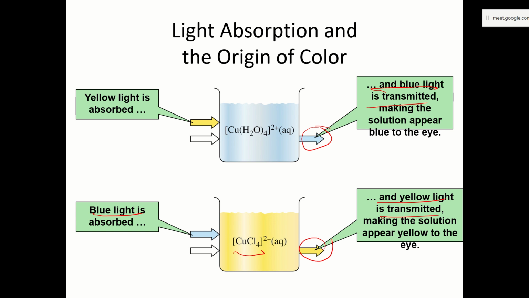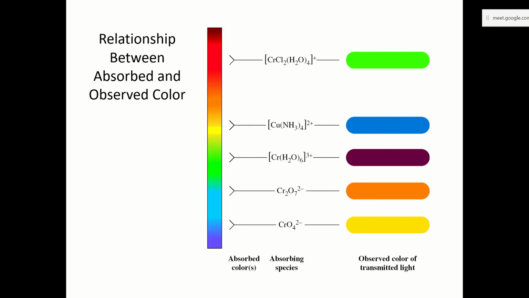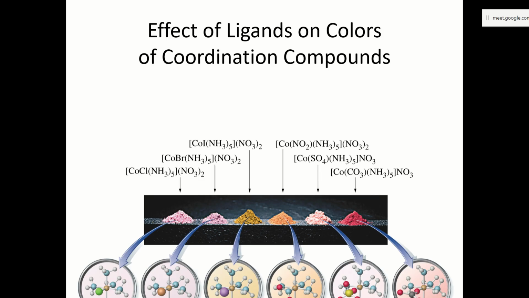The scattered light reaches your eye, and some of the components of the white light are missing, and the others which reach the eye give you the perception of color. So these are the things, how colors are observed: the absorption of light and the observed color. That is what we see: the absorbing species, the absorbed color, and the color that appears to you in the transmitted light.